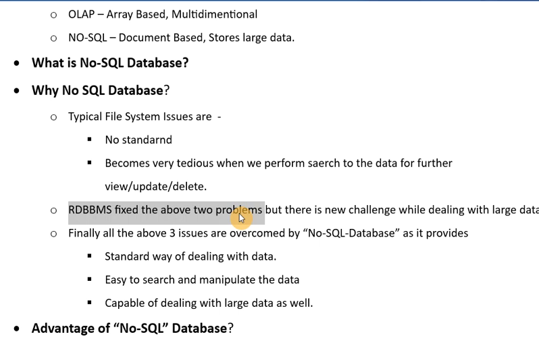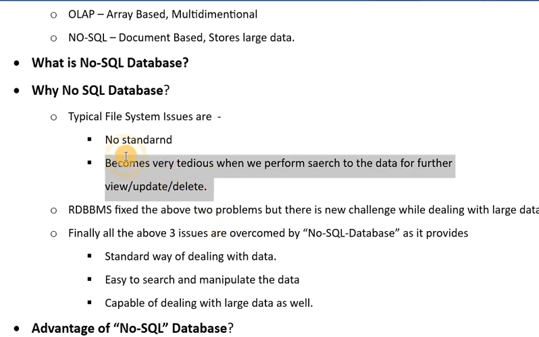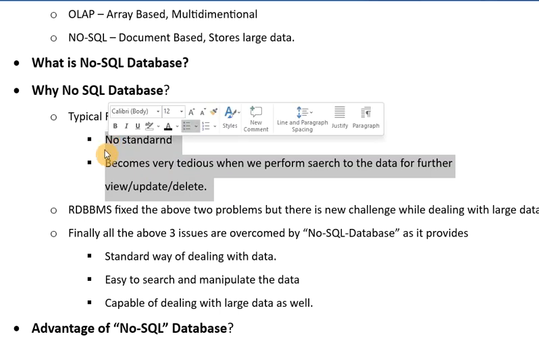With their help, we can search quickly, and we can view, delete or update the data properly with the help of the DML queries that RDBMS provides. So these two issues are fixed by the RDBMS.